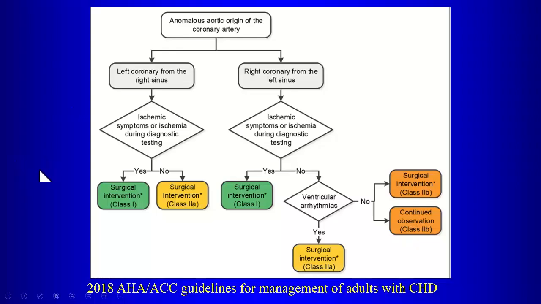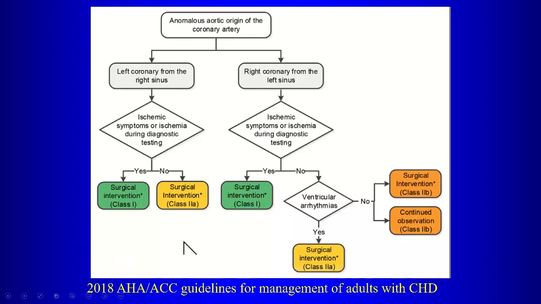Now, not that you need to memorize the diagram, but whether it's an anomalous right from a left or an anomalous left from a right, both of those can get the patients into trouble. But it turns out that the anomalous left taking an interarterial course is worse than an anomalous right taking an interarterial course.